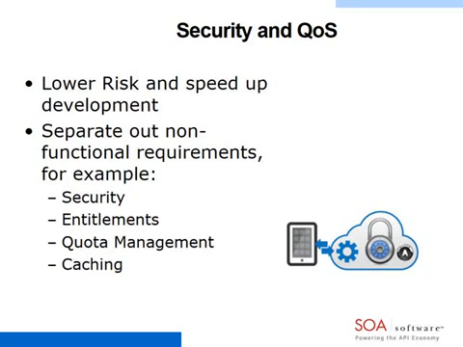And what I mean by that is when somebody is building a mobile backend, you don't want to belabor them with the development of security, entitlements, quota management, caching. You don't want to force a backend developer to build out non-functional requirements that should be reused across multiple APIs or provided by a platform for API management.